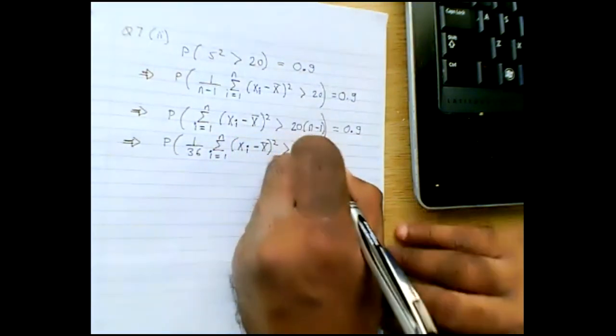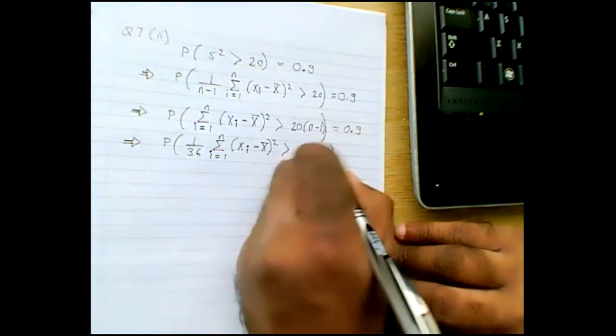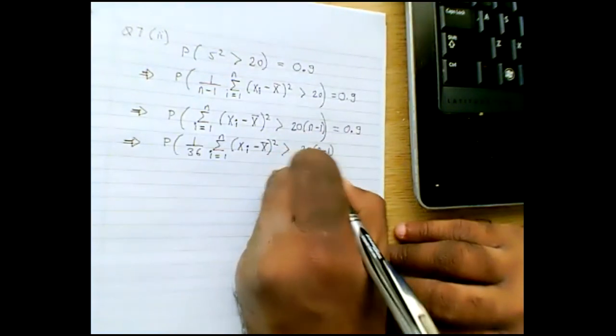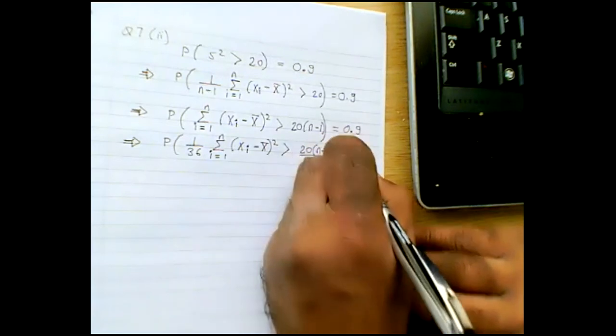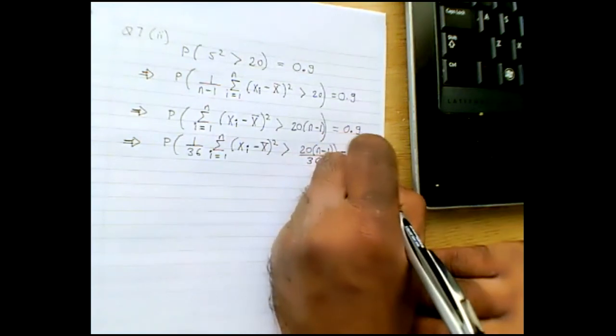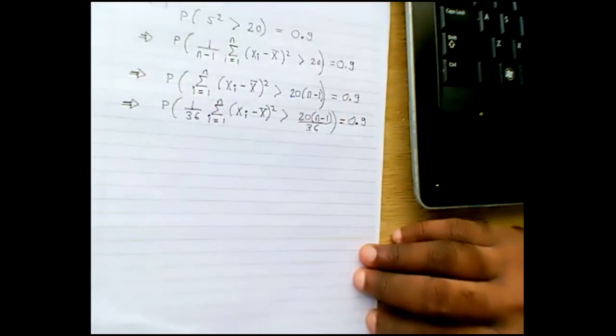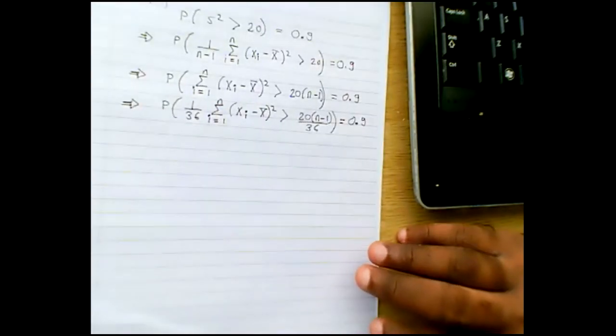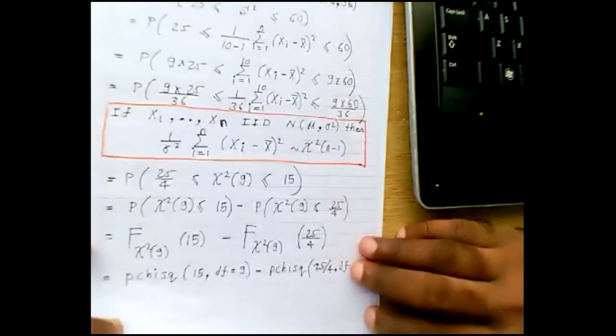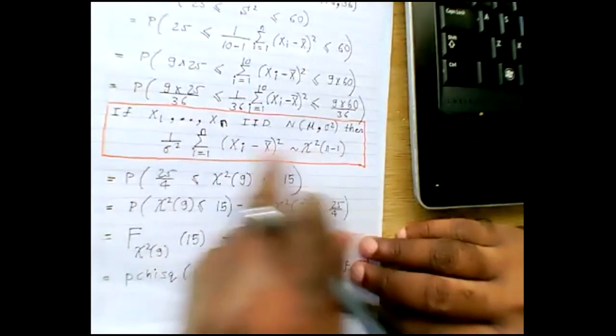And also divide the right-hand side by 36. Okay. All right, now using the results that I mentioned in part 1, remember this result here, guys.